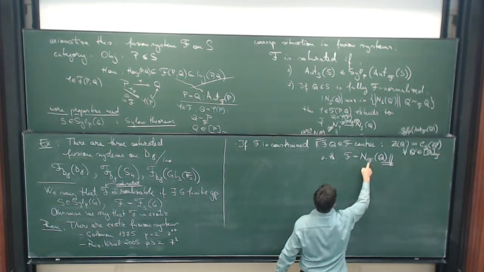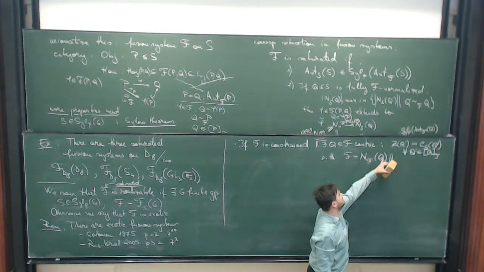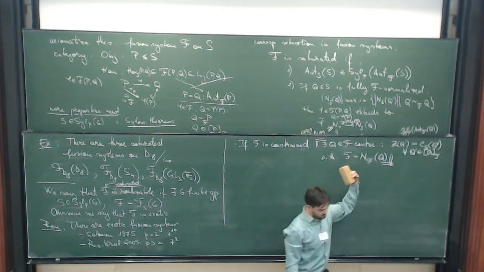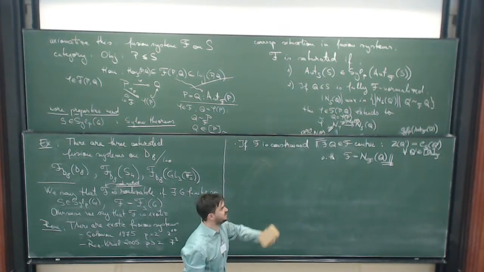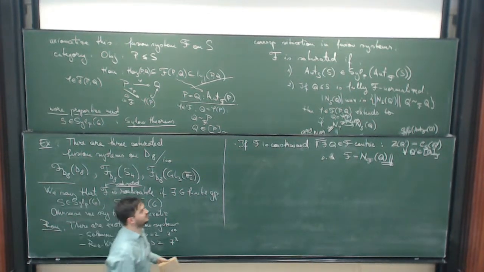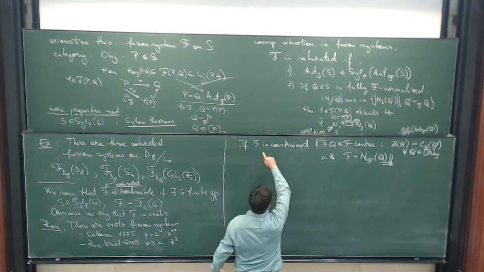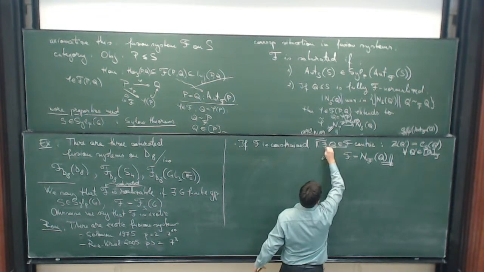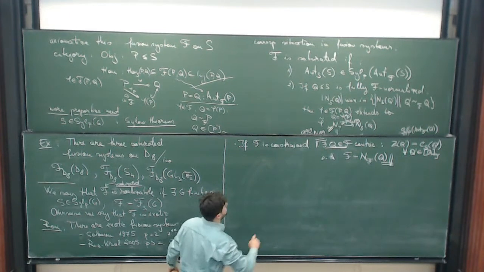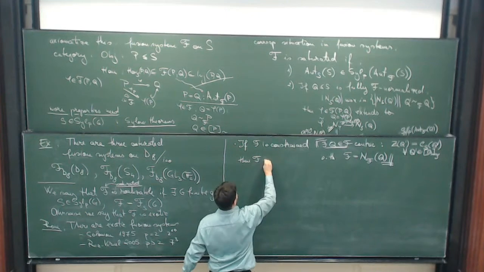It's just, if you want, the normalizer fusion system of a fully normalized subgroup, all the morphisms that can be obtained as restriction and extension of automorphisms of Q. I will not go too much into that, but just to say that if F has such an F-centric subgroup that is normal, then F is realizable.